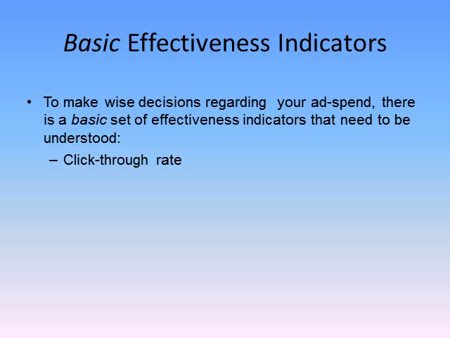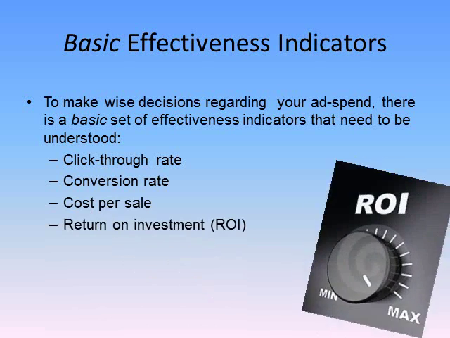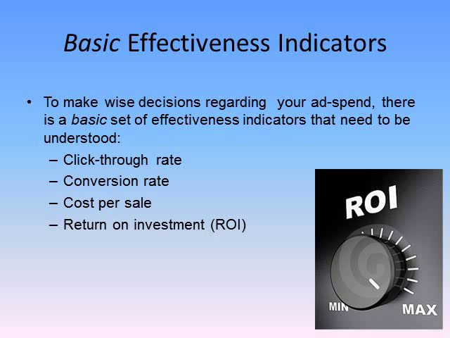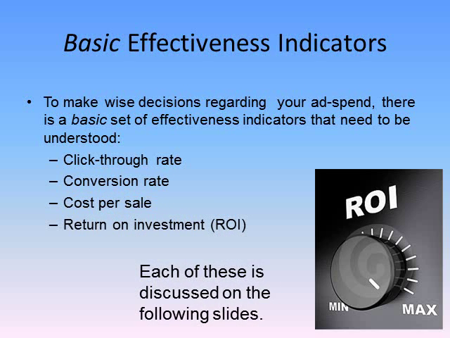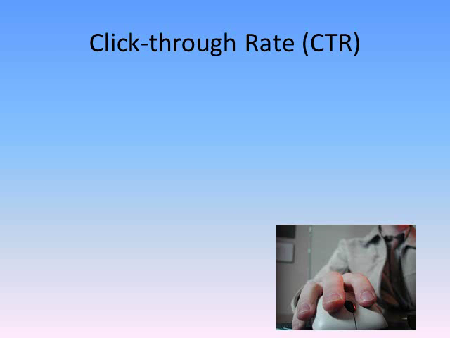You need to understand click-through rate, which you've learned as a term in this class. Conversion rate, you've learned that term. Cost per sale, and return on investment. You need to understand those things, okay? So what we're going to do is talk a little bit more about each of them. I'm going to discuss those on the following slides.